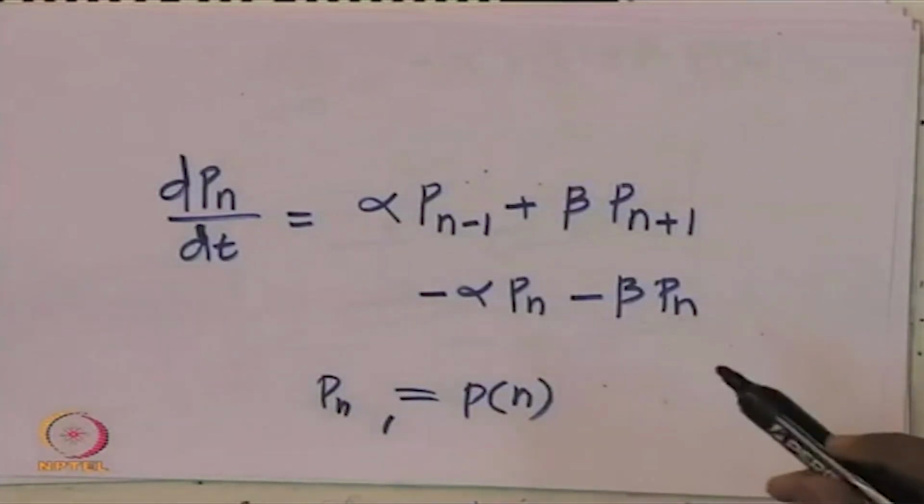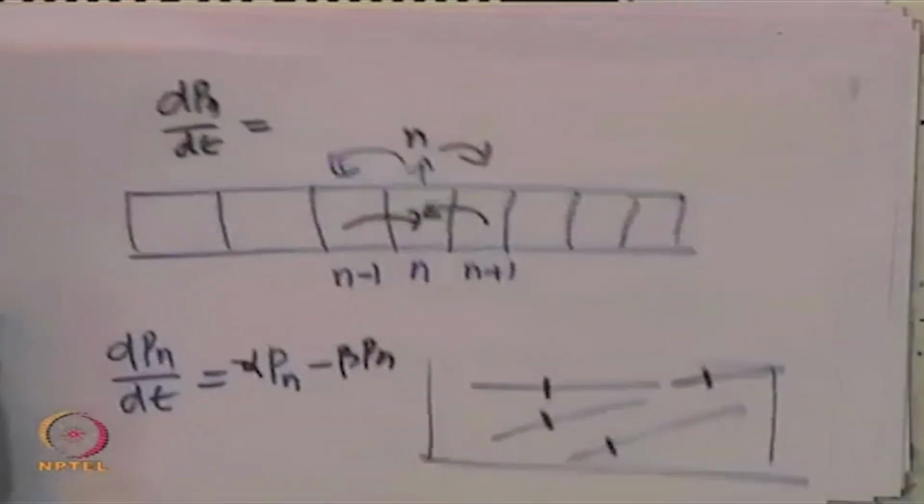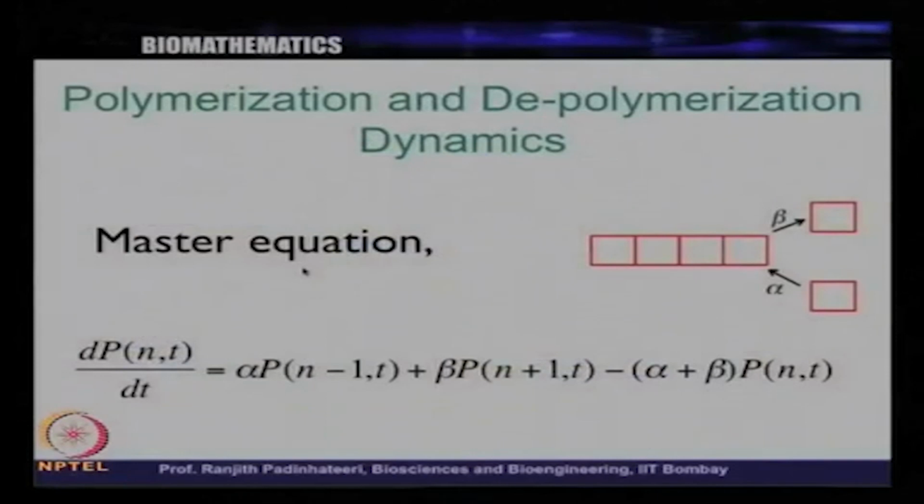Okay, so this is the master equation. In the case of polymerization, depolymerization, the master equation, as you can see here, is dPn by dt is alpha into Pn minus 1 plus beta into Pn plus 1 minus alpha plus beta Pn. So this is the master equation.